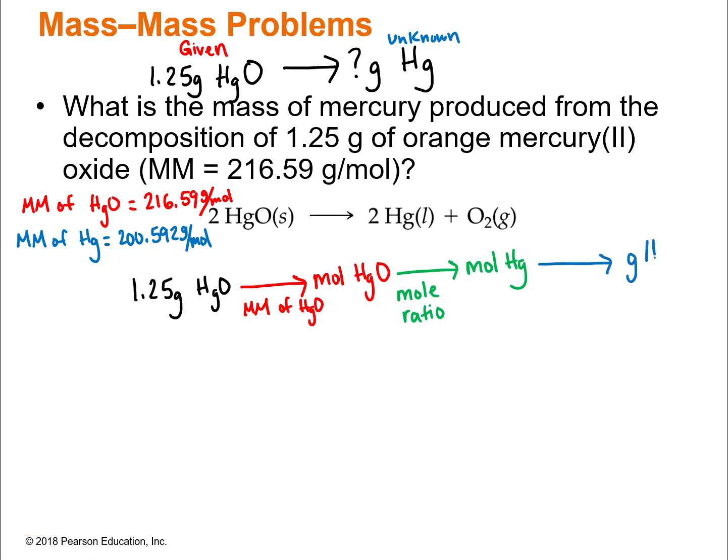To get to grams of mercury, we use the molar mass of mercury. Now let's start filling in the numbers. That's our given information.